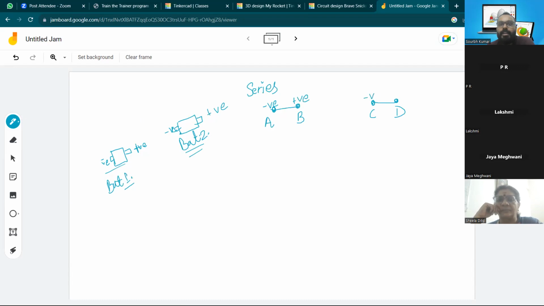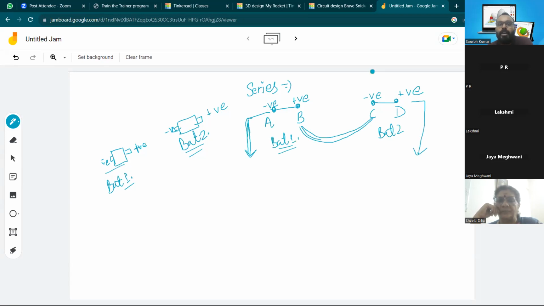This one is negative and this one is positive. So for this series connection, we will connect positive to negative. After that, we will have the negative value here, and here we will get the positive value from battery 2, battery 1 and battery 2. Through that, we will have both wires to connect any electronic component.